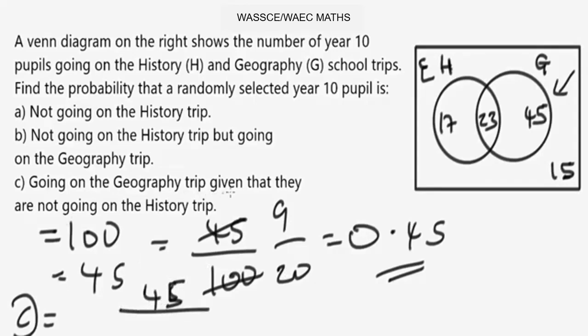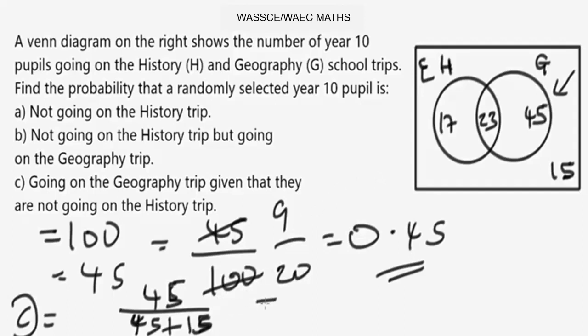Now it says given that they are not going on the history trip. We have the value for people not going for the history trip to be 45, as we solved in our first question, plus 15. The 15 is the value of the pupils going for neither the geography nor the history trip.